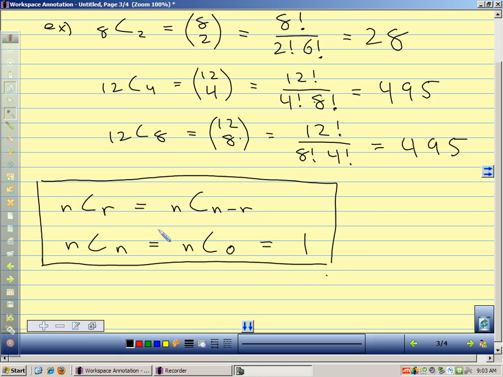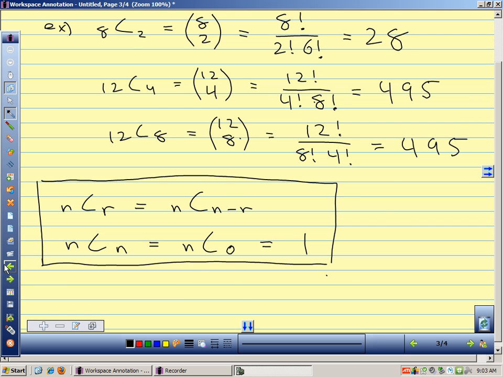It's because our combinations work out this way. Questions on how to calculate these coefficients? So these come from our factorial, and our pattern in part comes from the pattern in this.